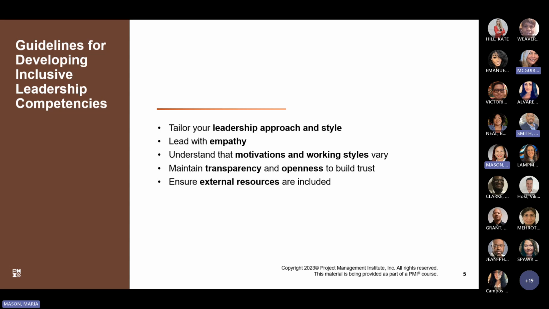General guidelines to develop your leadership competencies are listed here about how to tailor your leadership style to the project. You want to use emotional intelligence and interpersonal skills so that you can lead with empathy. And so emotional intelligence is a word that we hear quite often thrown around, but it's not necessarily expanded upon or defined. And so you just want to make sure that you're being mindful of individual and team aims and working relationships.